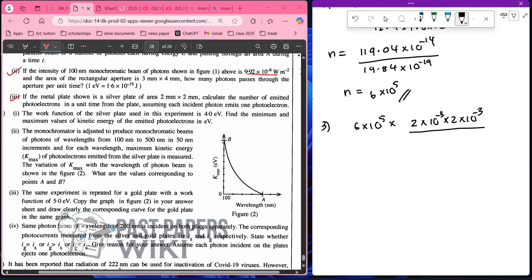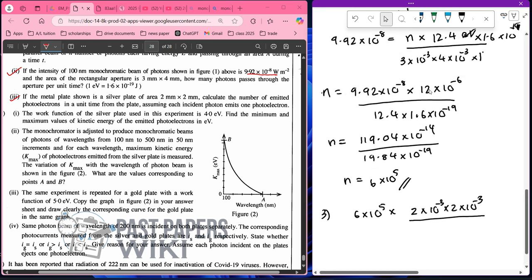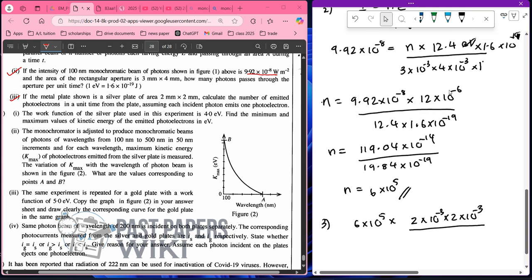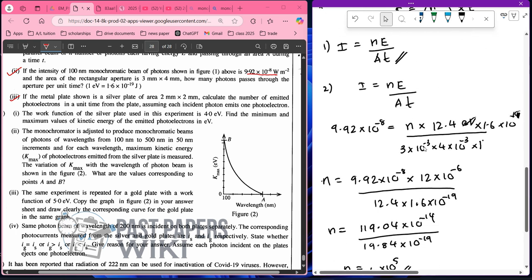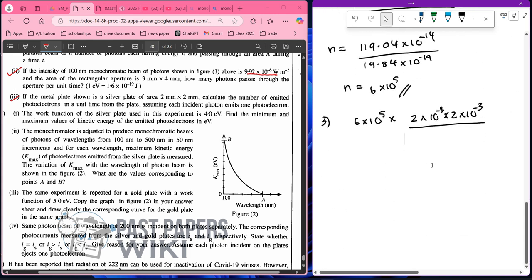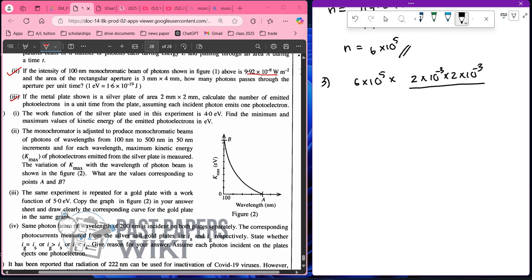The whole area we took before is 12 into 10 to the power minus 6. That was this particular part, the area you see here. So 6 into 10 to the power 5 into 4 into 10 to the power minus 6 into 12 into 10 to the power minus 6.